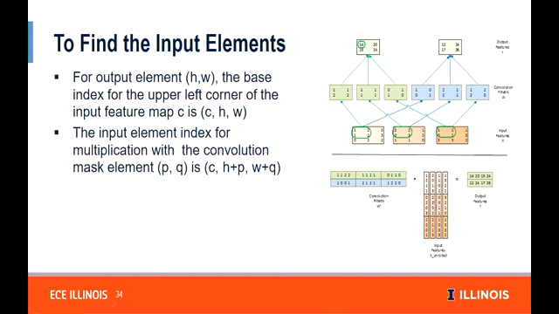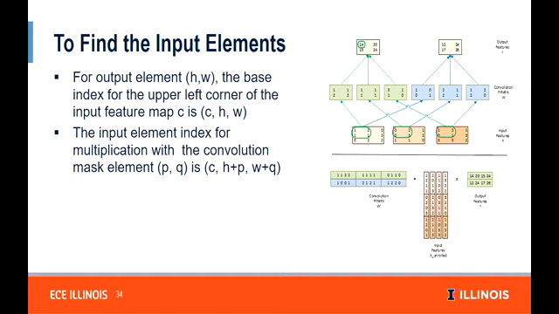So this gives me a complete formulation of how I can collect all the input feature map elements if I need to assemble that unrolled matrix. The key is that they are both linked to the output feature map element in the index.